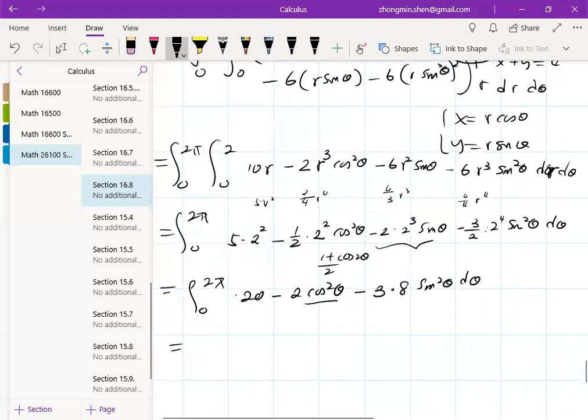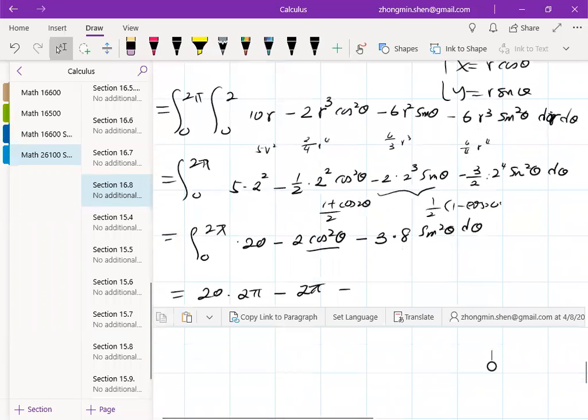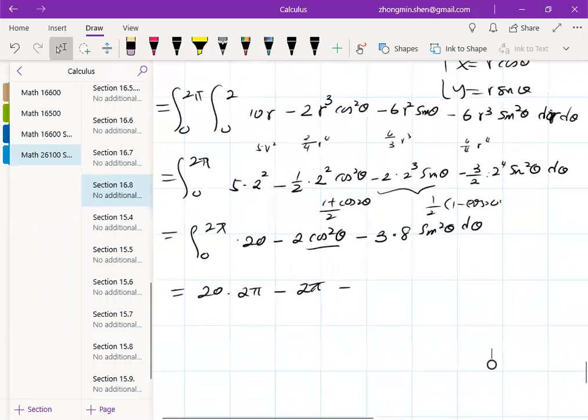So my answer here will be 20 times 2 pi minus 2 pi minus, and sine squared theta is going to be half of 1 minus cosine 2 theta, so it's 1/2. So it's 24 times pi.